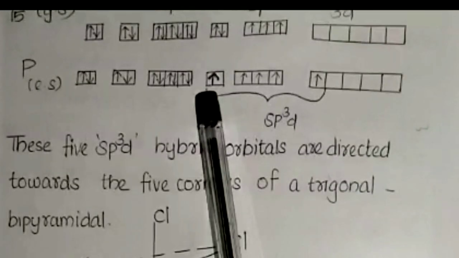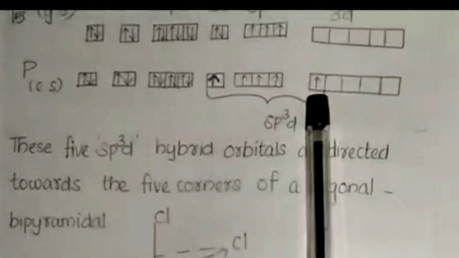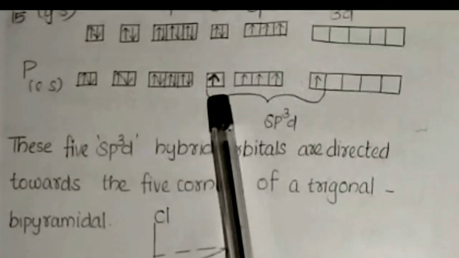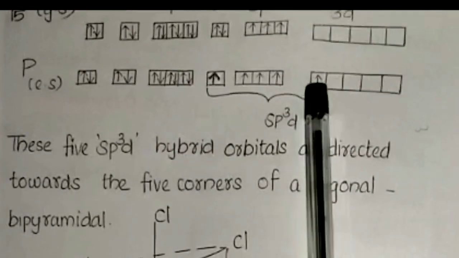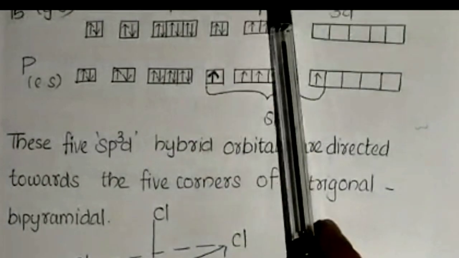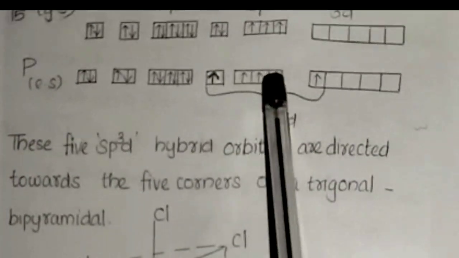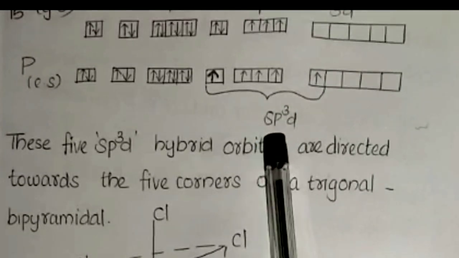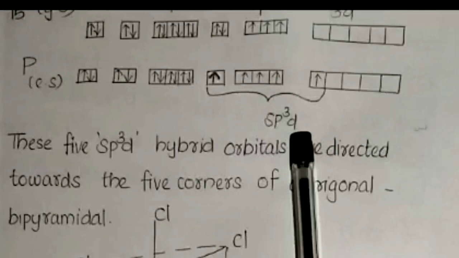Then these 5 electrons are present here. These are known as unpaired electrons. These unpaired electron containing orbitals are mixed up. Then 1 s orbital, 3 p orbitals and 1 d orbital are mixed up to form sp3d hybrid orbitals.